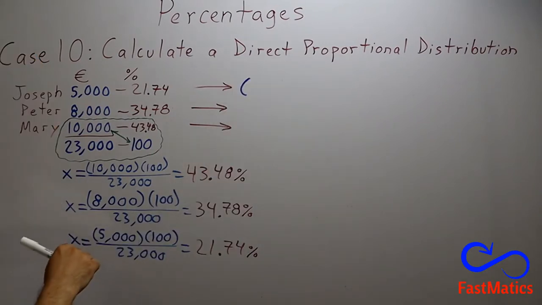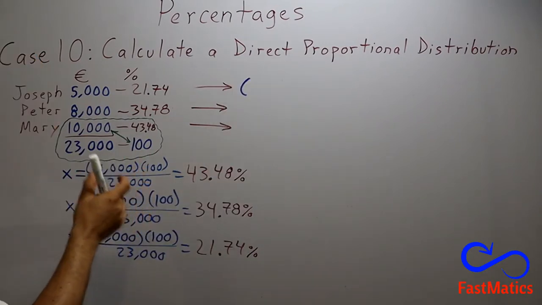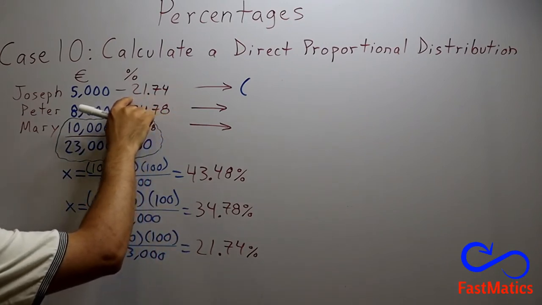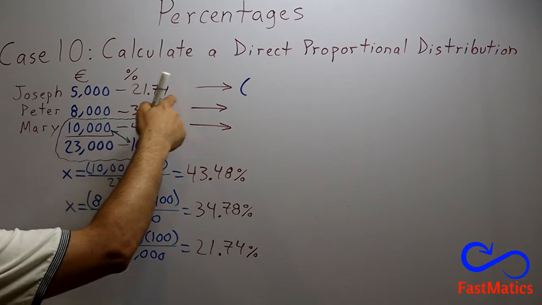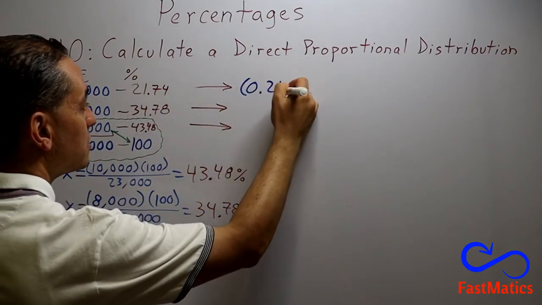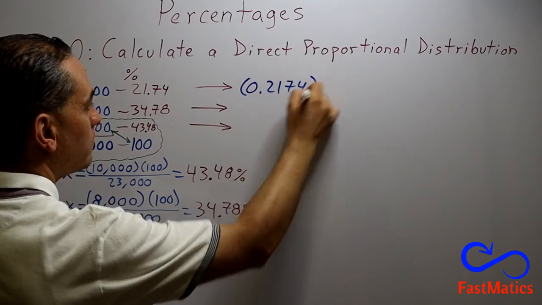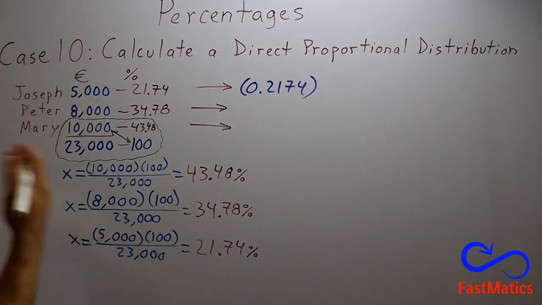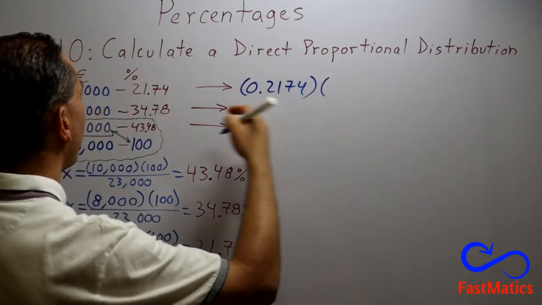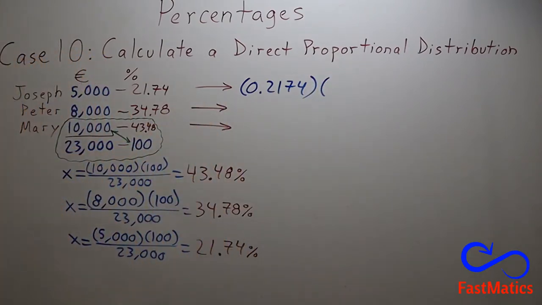Remember that for writing a percent in a decimal form, you have to move the decimal point 2 places to the left. So 21.74% is 0.2174.